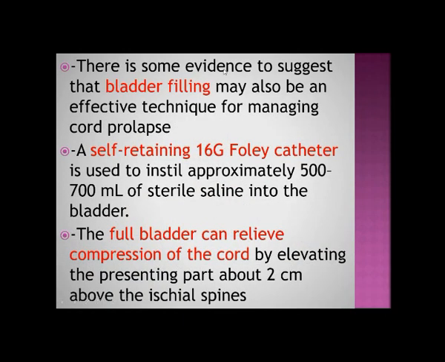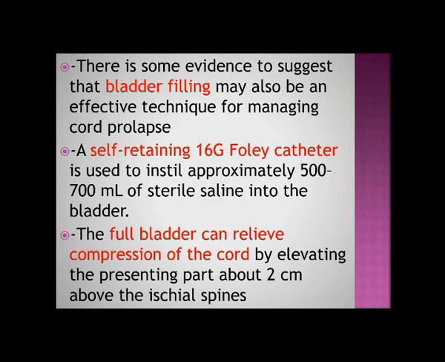Next, there is some evidence to suggest that bladder filling may also be an effective technique for managing cord prolapse. So we introduce a catheter and fill the bladder with some saline, and if we fill the bladder, it will help to push the presenting part upward.